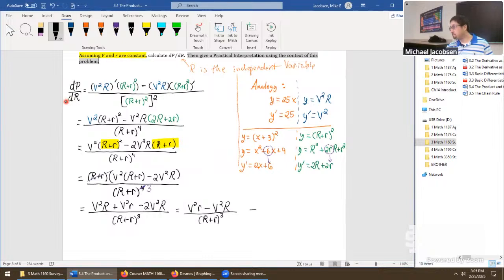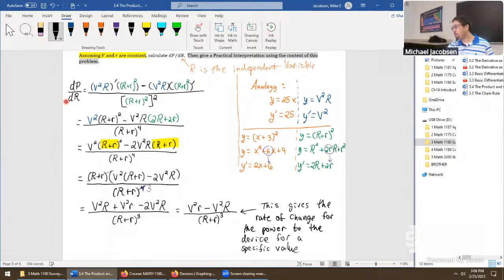So this gives the rate of change for the power to the device for a specific value of R, the internal resistance of the device itself. So that's what this is saying.